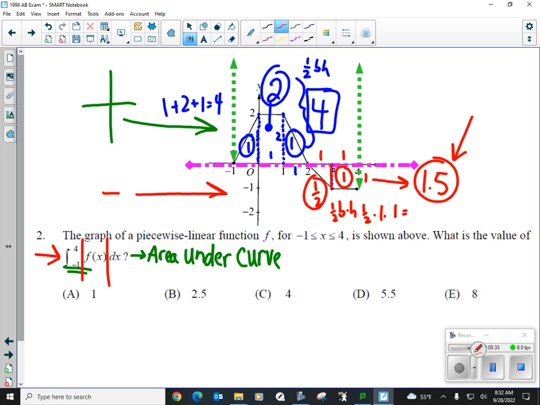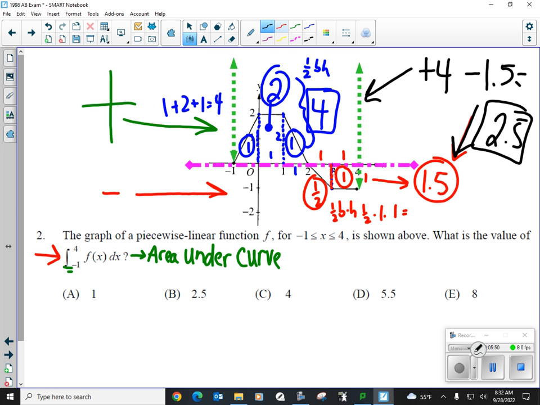But they didn't. So I have a positive 4 for the top and a negative 1.5 for the bottom. When I combine them, that's 2.5, the area under the curve. That is choice B.